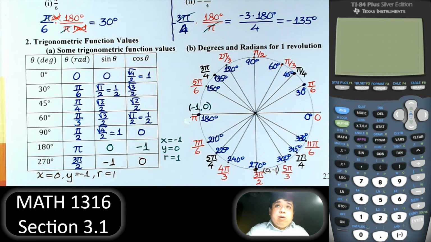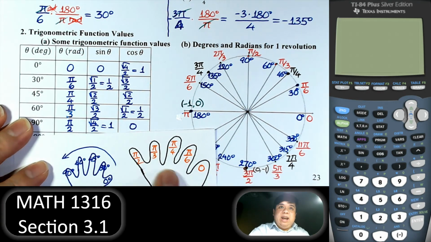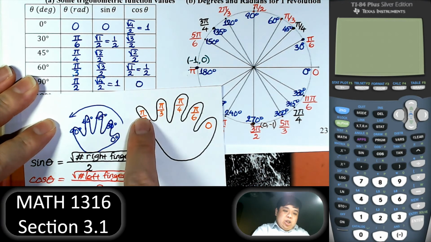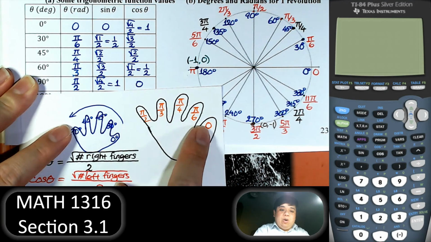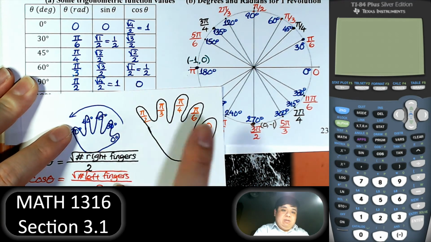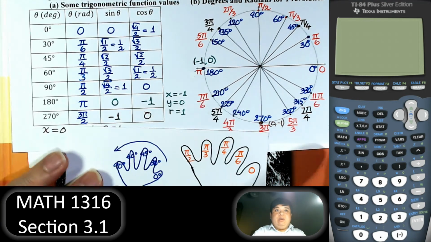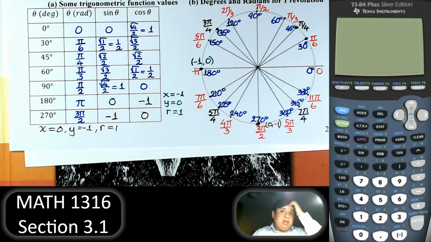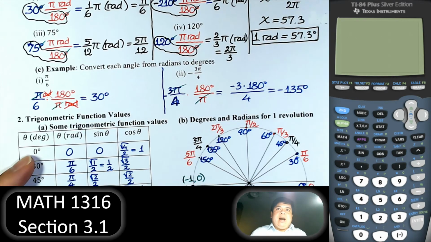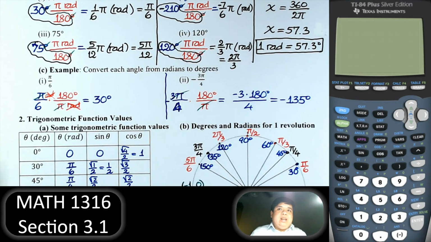Right, but most importantly, focus on the hand for 0 to 90 degrees, 0 to pi over 2 in radians: pi over 6, pi over 4, pi over 3, and pi over 2. Those are the special values. And you said, what if we have something like 1.5 radians?